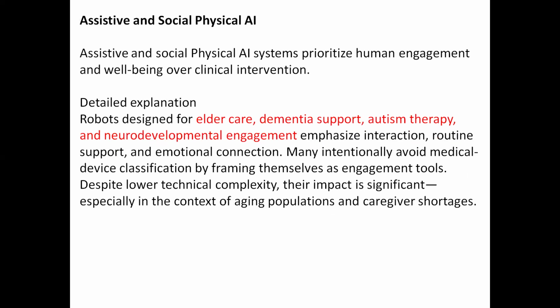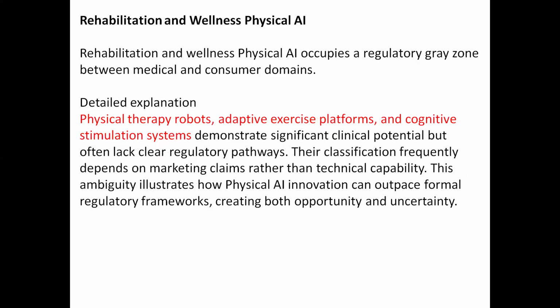And assisting and social physical AI is another type that prioritizes human engagement and well-being over clinical intervention. So it is a robotic design for elder care, dementia support, and autism therapy or neurodevelopmental engagement with children, right? And the next sphere you can think about is rehabilitation and wellness physical AI. Usually this type involves devices that engage in human interaction, but their interaction is not a therapeutic intervention.